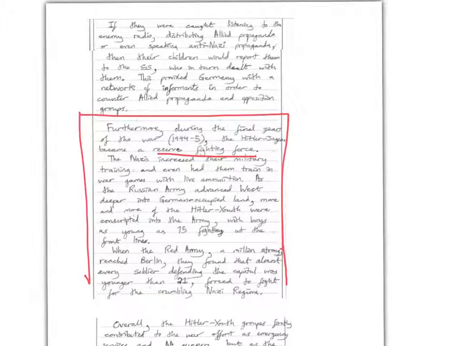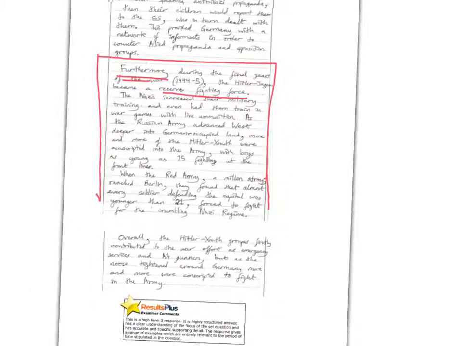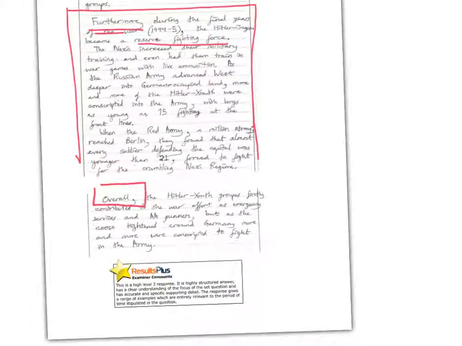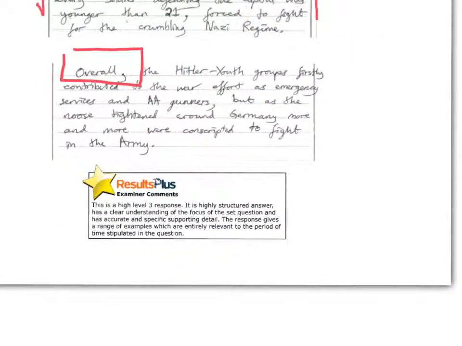Again, notice the word furthermore there, and pulling it together into a conclusion. There's that word overall that shows there is a conclusion. So it's a nice one to use there. And as you can see at the very bottom, the examiner's comment says it was a high level 3 response, highly structured. So in other words, that would have got the full marks, 12 out of 12.